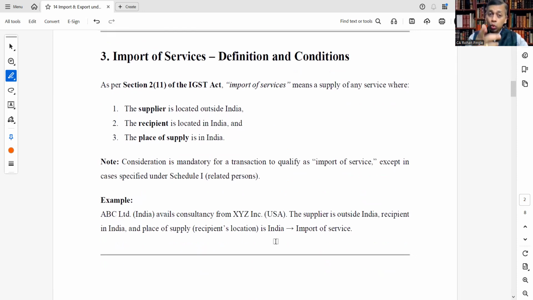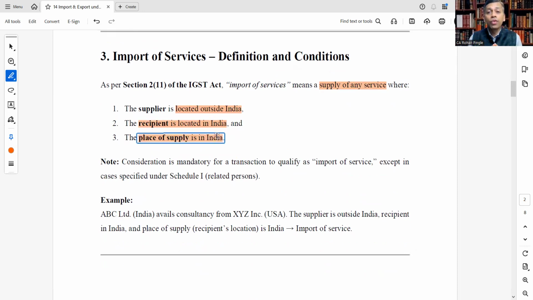Let's see import of services. Section 2 subsection 11 of IGST Act. Import of services means a supply of any service where the supplier is located outside India, the recipient is located in India, and place of supply is in India.